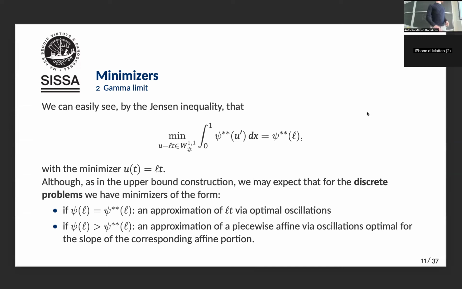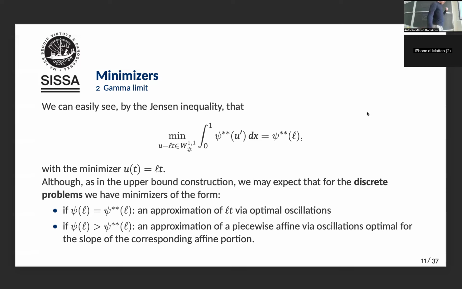Okay, I'm not going to show the proof of this gamma convergence result, but I want to still make some observations. At first, we will need to know what are the minimizers of the limit energy, and simply by the Jensen inequality, we can immediately see that the minimum is psi star star of ℓ. The minimizers will be lines of the kind ut equals ℓt.